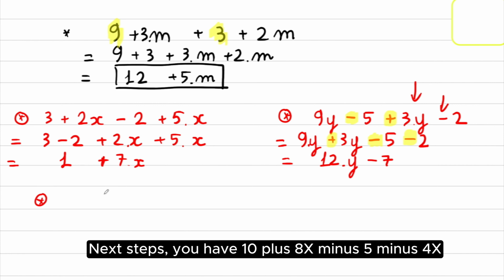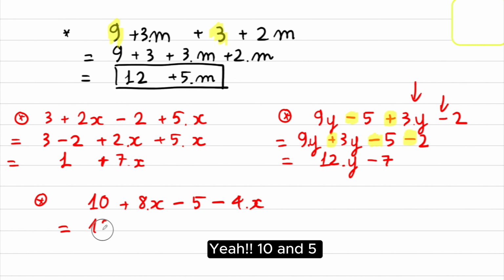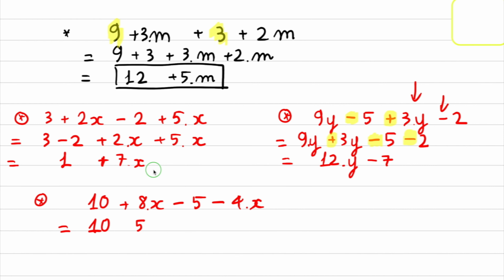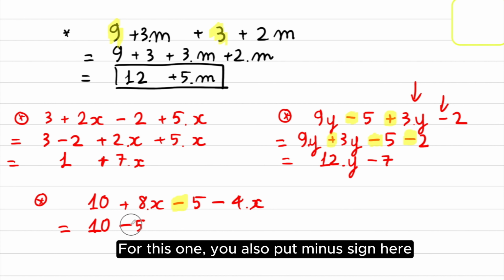Okay. Next, you have 10 plus 8x minus 5 minus 4x. So how can you work with this one? Look at it. You have two constant numbers, 10 and 5. So what is the sign here, plus or minus? Look at this. The sign in front of 5 is minus. So in front of 5 you also put a minus sign here.